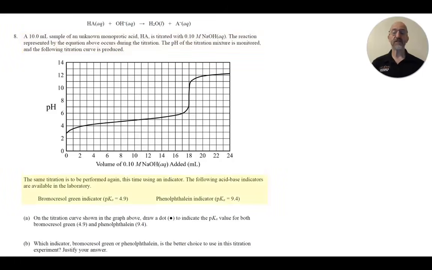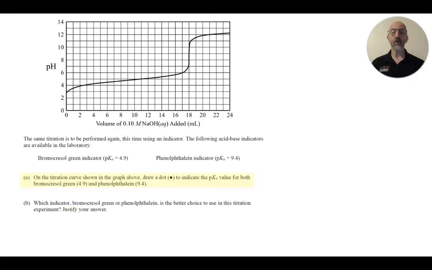Now, the same titration is to be performed again, this time using an indicator. And the following acid-base indicators are available in the laboratory. So we have bromocresol green indicator with a pKa of 4.9, and we have phenolphthalein indicator with a pKa of 9.4. So part A of question 8 says, on the titration curve in the graph above, draw a dot to indicate the pKa value for both bromocresol green, 4.9, and phenolphthalein, 9.4.